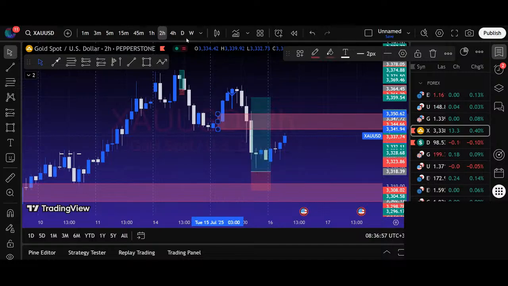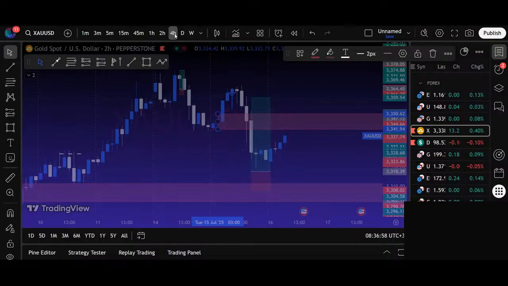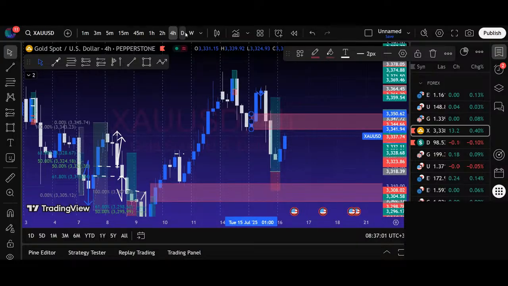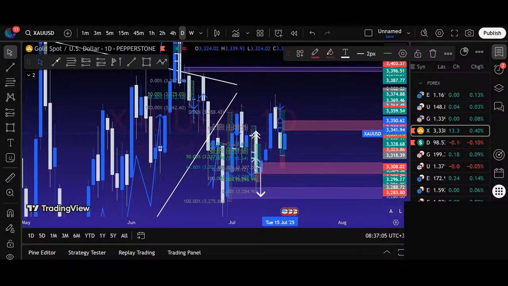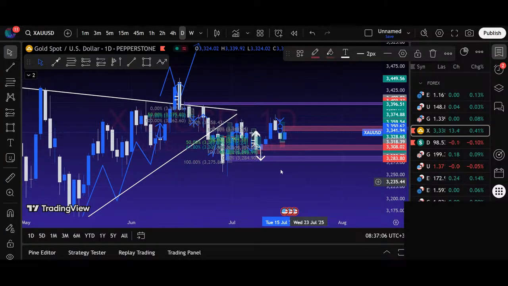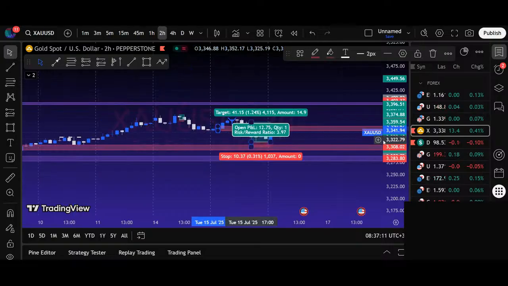The higher time frame may be 4 hours, but it already told us it's ranging. If you look at gold right now on the higher time frame, this is pure ranging. I'm using the 2 hours time frame.